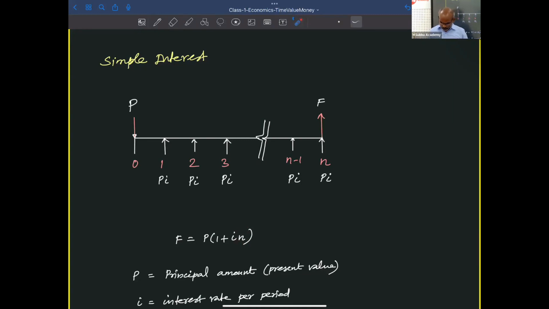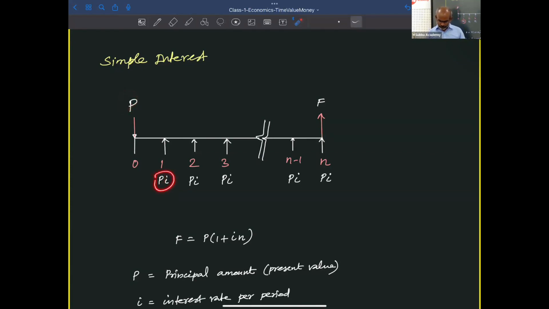Okay. Now, say P is the present value of your money, and for that, how much interest are we getting? The interest per year is P multiplied by the fractional interest. So there is an amount of interest added every period. If I is the fractional interest per year, then P is already the present value.